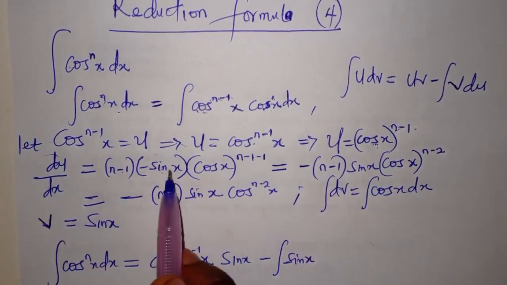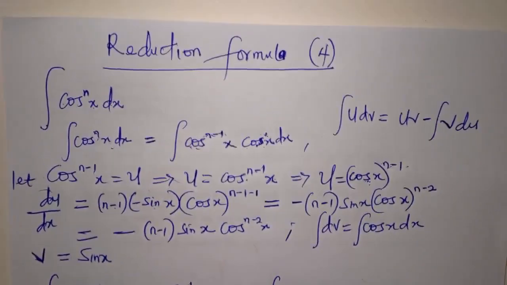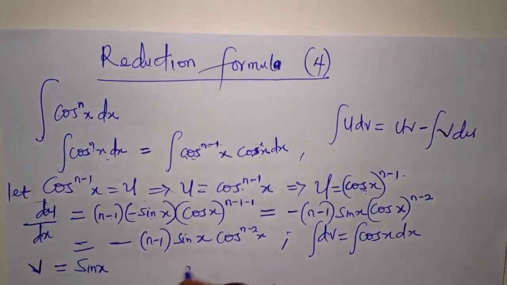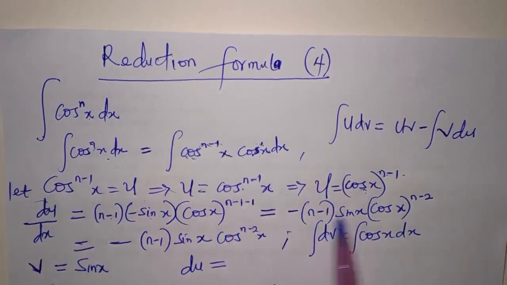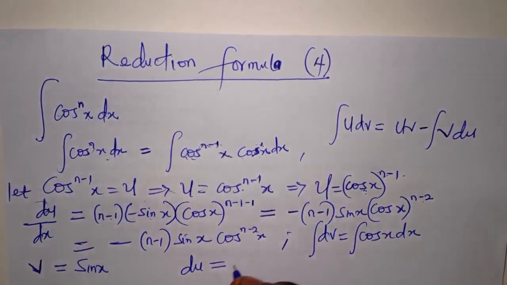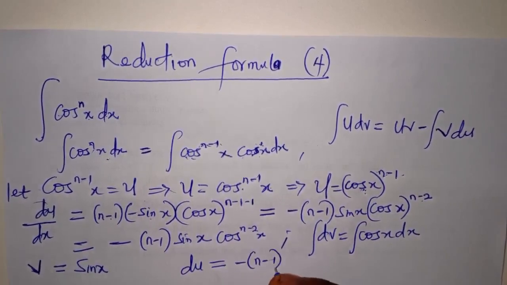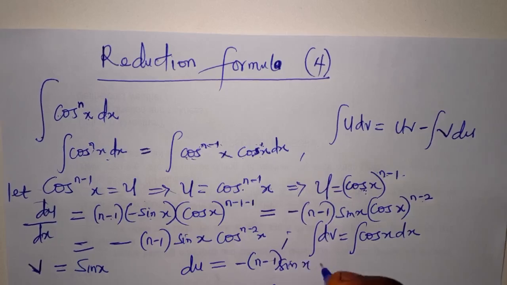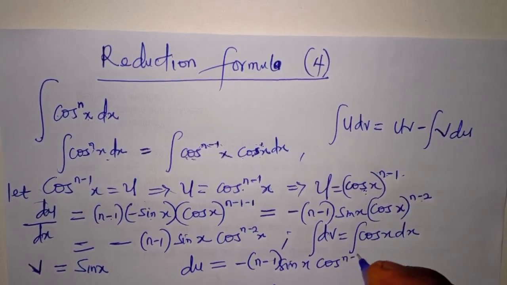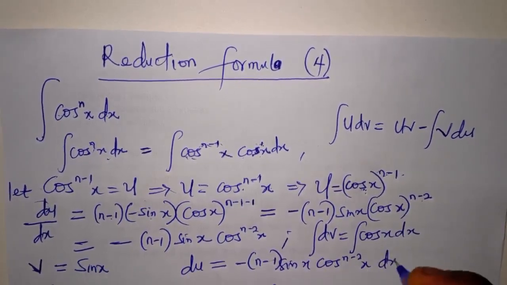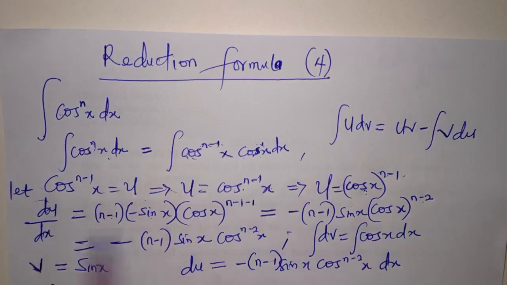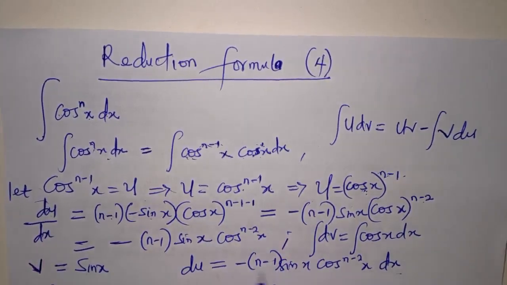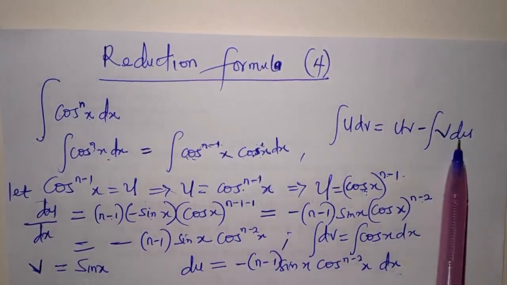So if we cross multiply, du is equal to everything here times dx. That will be minus (n minus 1) sin x cos^(n-2) x dx. This is du. We got it from here: this equals this. So if we cross multiply, du will be equal to everything that we have here.